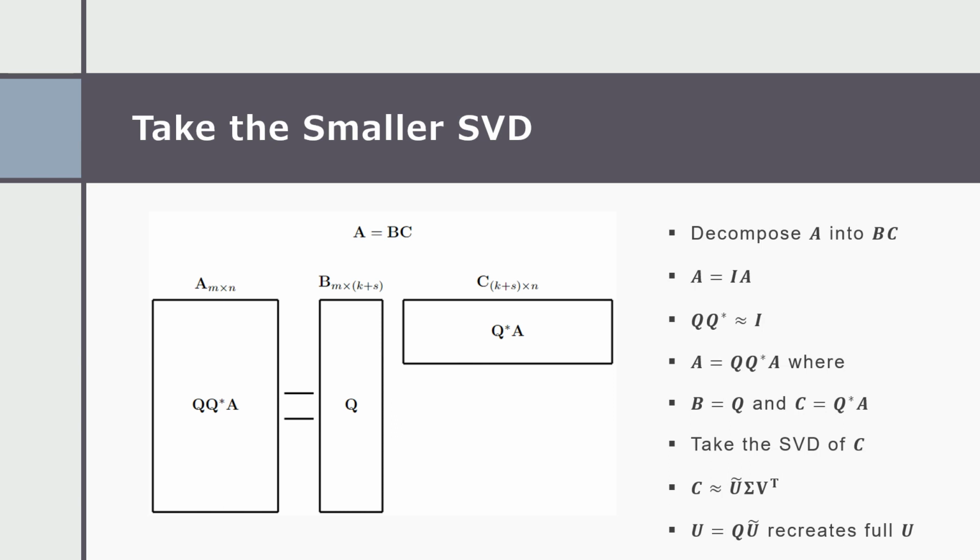Because C is a short, fat matrix, it will calculate the SVD much faster on C than on A. And that's what these methods do that we're about to talk about.